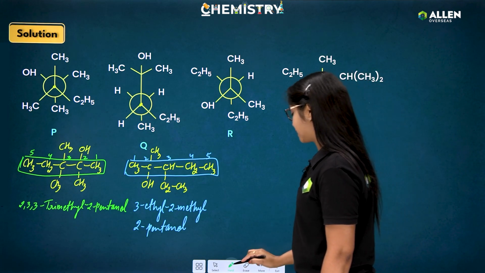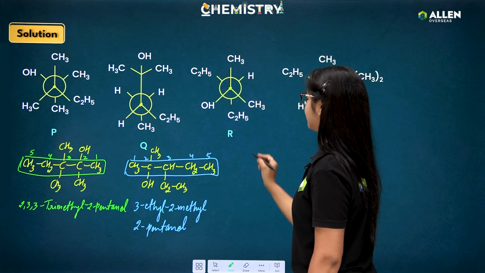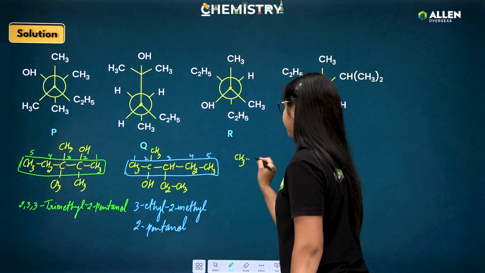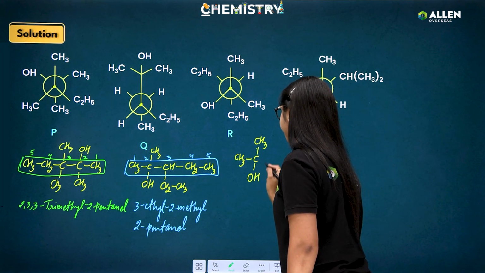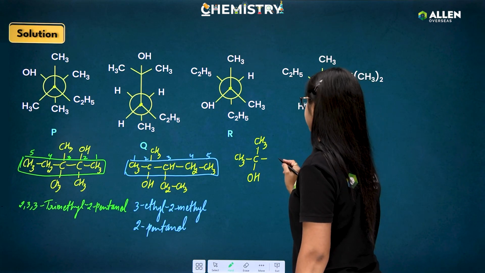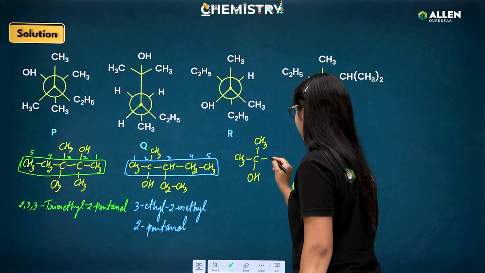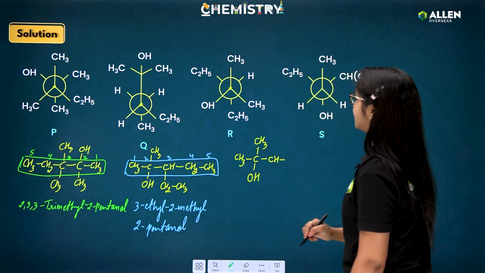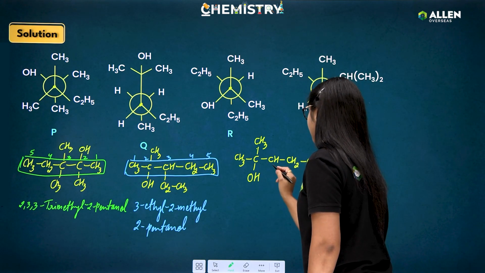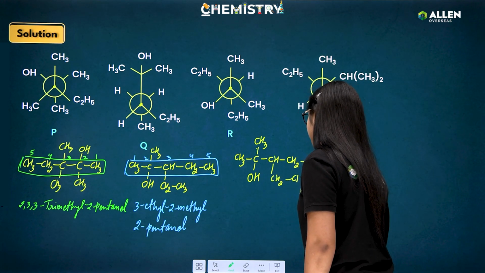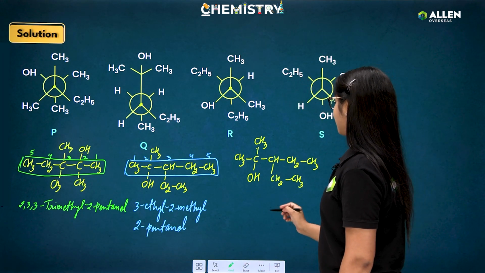If we talk about the R compound, this is the front carbon. So this is having 2-methyl and OH. So CH3, OH, okay, and then this is the back carbon, this is having one hydrogen. So CH, okay, and two ethyls. So CH2, CH3 and CH2, CH3. These are the two ethyls. So let's write the name of this compound as well. So what will be the chain?